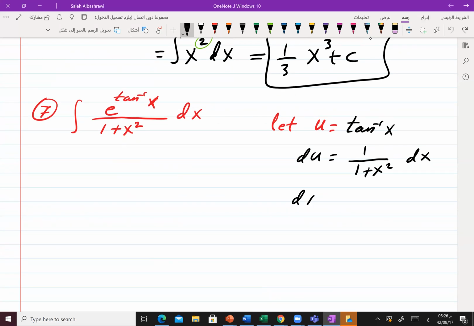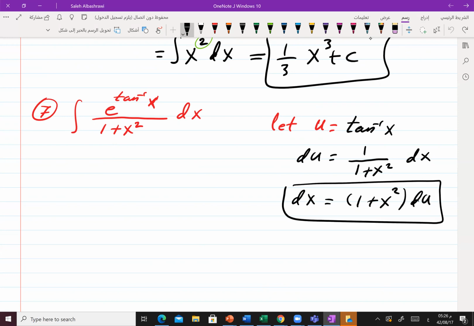So dx is equal to 1 plus x squared du. So my integration now will be e to power u divided by 1 plus x squared multiplied by dx. dx is 1 plus x squared du.